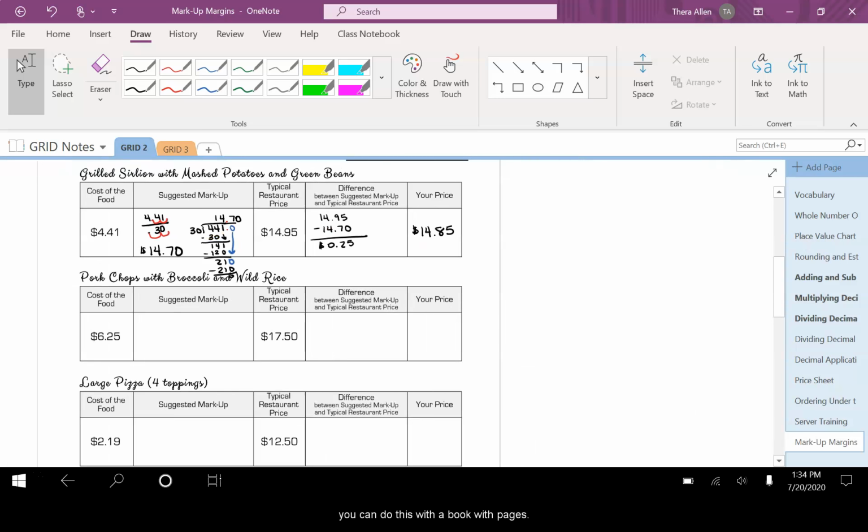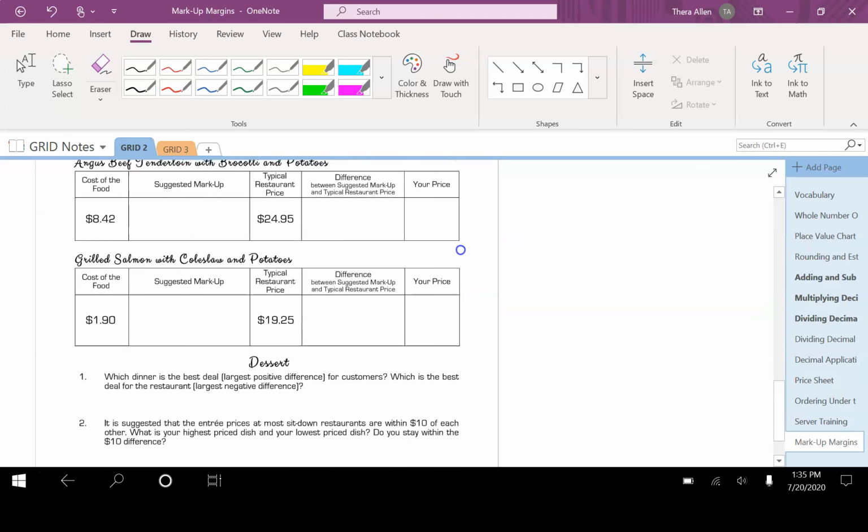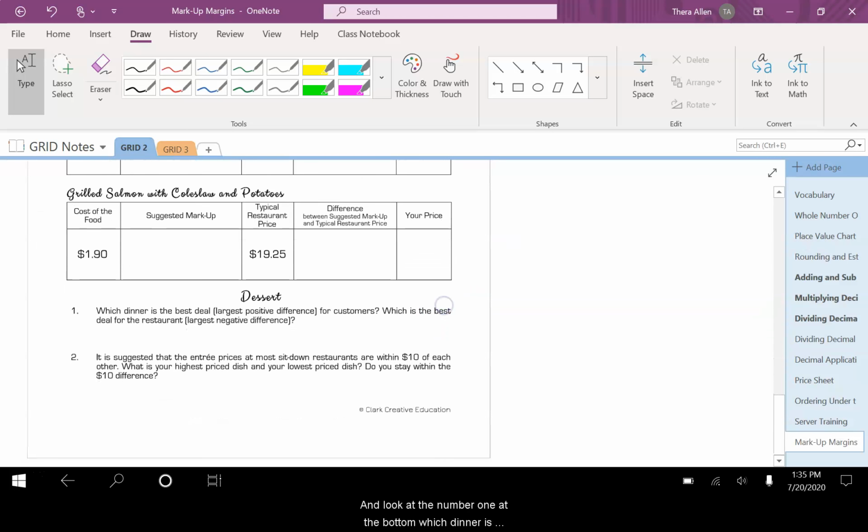Do this with both pages. And look at number 1 at the bottom. Which dinner is the best deal? Meaning which one had the largest positive difference? And which is the best deal for the restaurant? Which one had the largest negative difference?